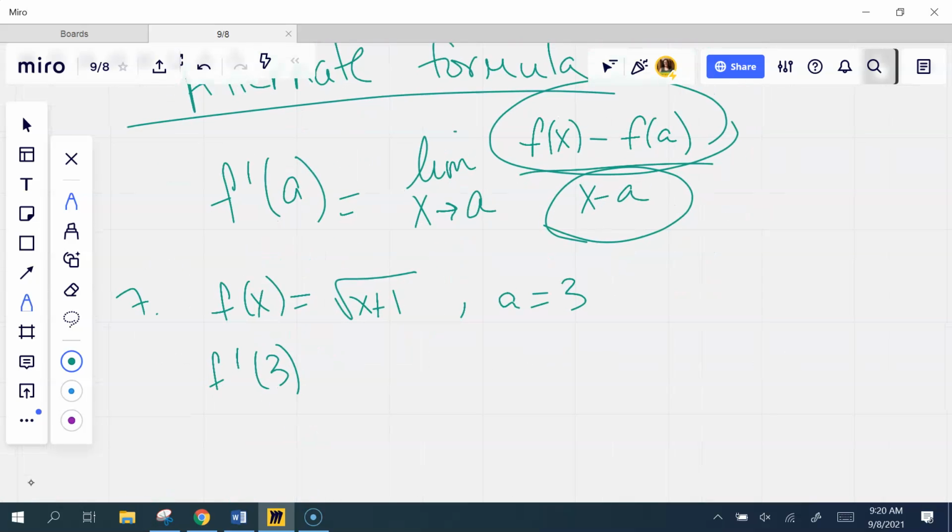All right, so look at what we need. We need f of x.